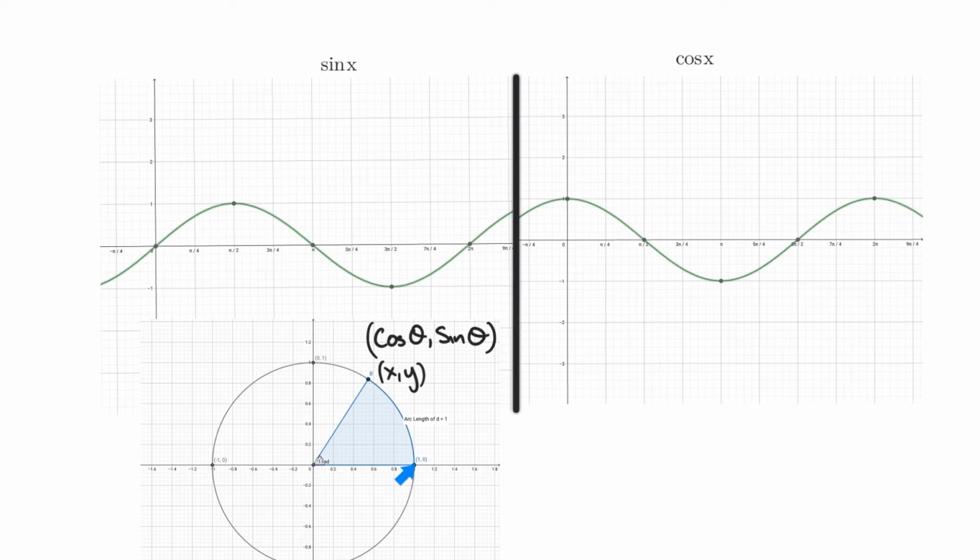The cos of 0, as I can see here, is 1 from my x-coordinate. So when my input is 0 radians, my output is 1 on my cos graph. However, the y-coordinate is 0. So when my input is 0 radians, my output is 0 here on the sine graph.